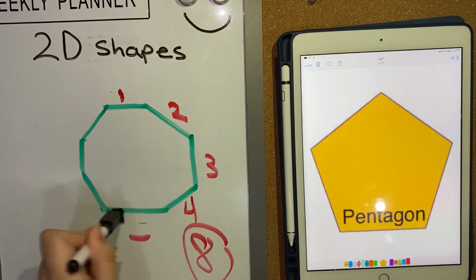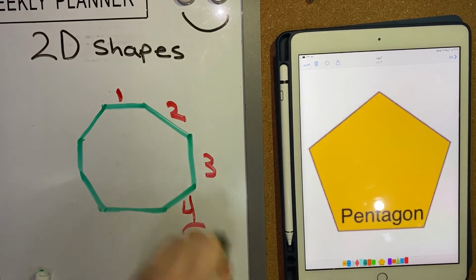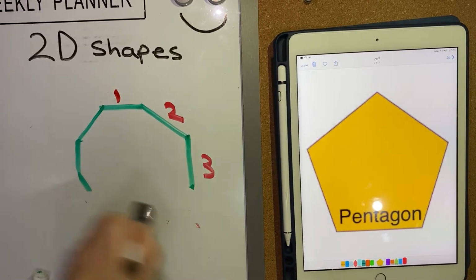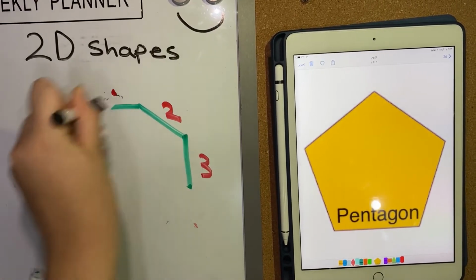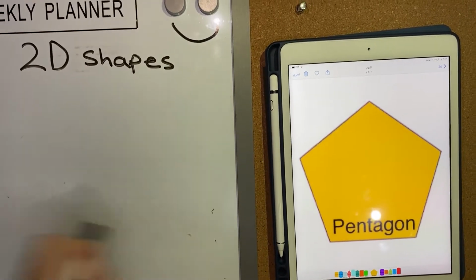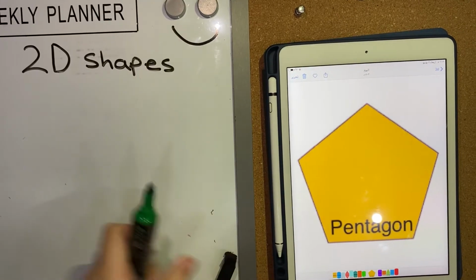The next one is the pentagon. Okay, the pentagon, how to draw it?